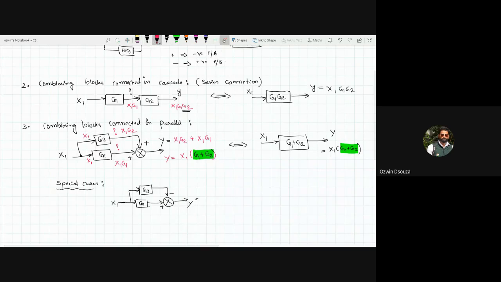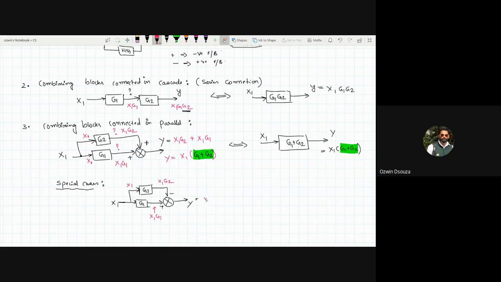Very easy to obtain. The output of the top block is going to be X1 times G2, and the output of the bottom block is going to be X1 into G1. Now this is a summer, which algebraically adds the signals.